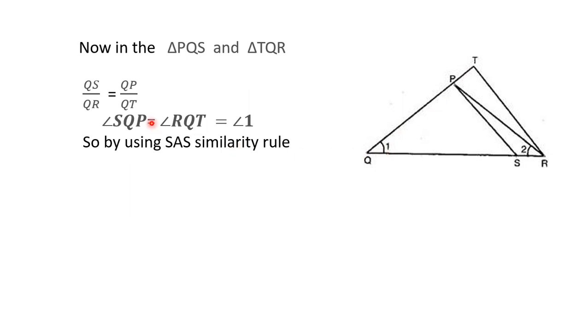So we can say the sides and the angle included between these two sides. So by the SAS similarity rule, triangle PQS is similar to triangle TQR, and hence it is proved.